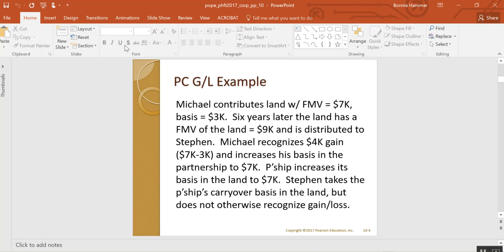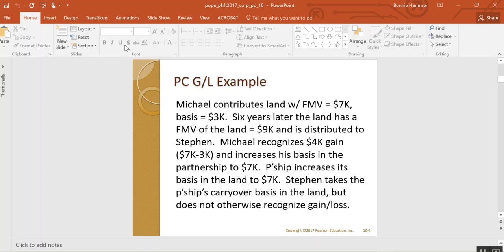So the partnership increases its basis of $3,000 by the $4,000 pre-contribution gain that Michael recognizes in year 6, and now their basis in the land is $7,000. And Stephen, who receives the land from the partnership, takes on a basis in that land equal to $7,000.